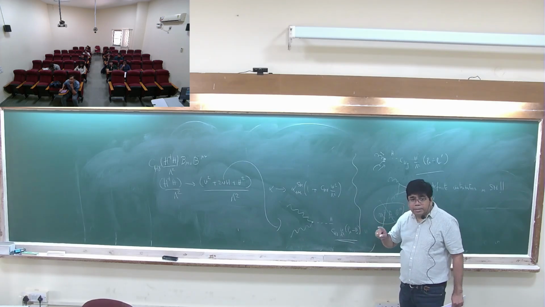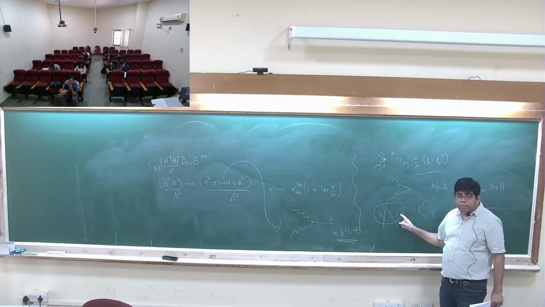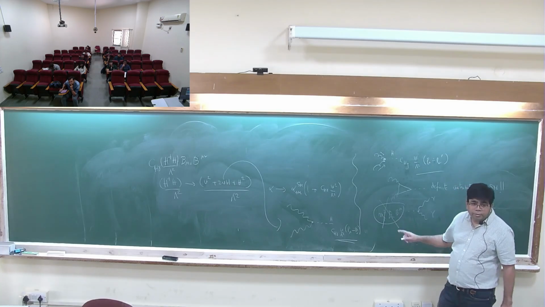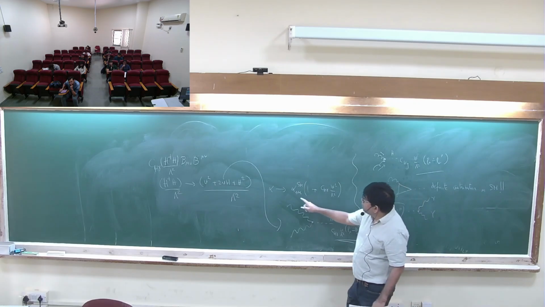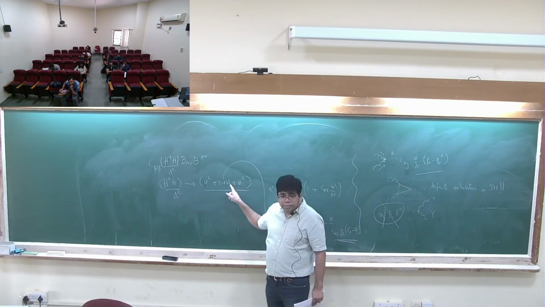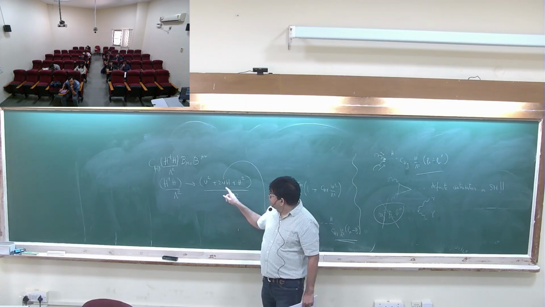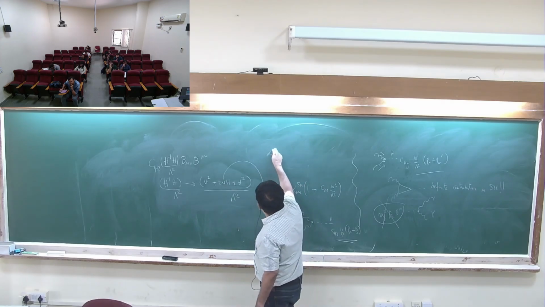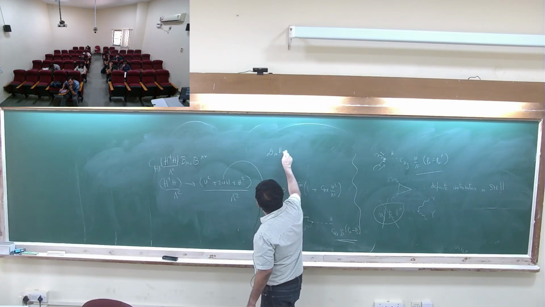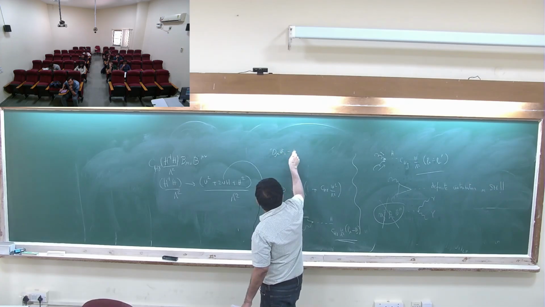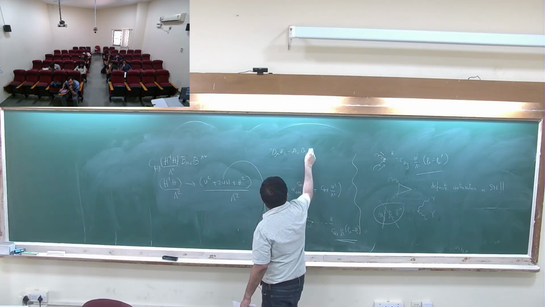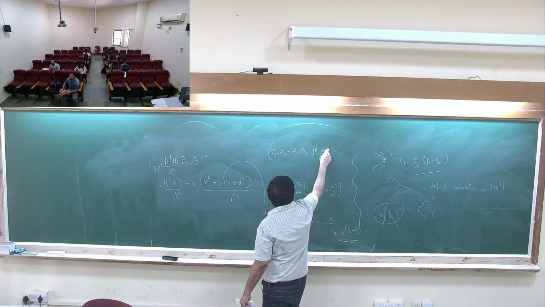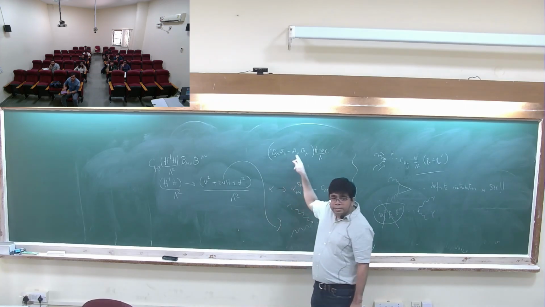The bosonic mass term should always go as m square A mu A mu in the Lagrangian. It's not contributing to that. It's a completely different term in the Lagrangian, which is del mu A mu or this term in the Lagrangian.